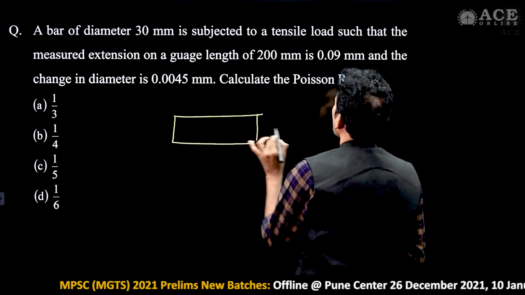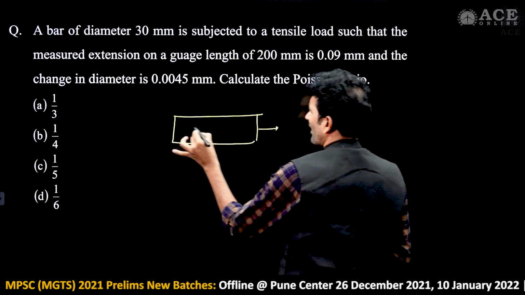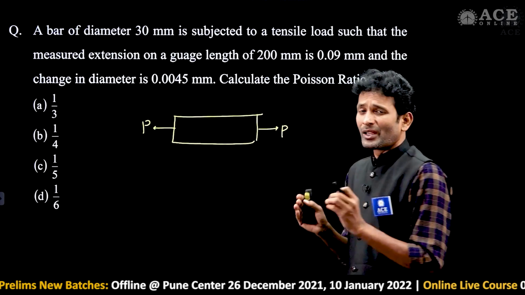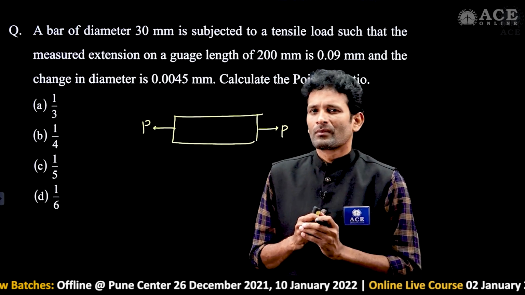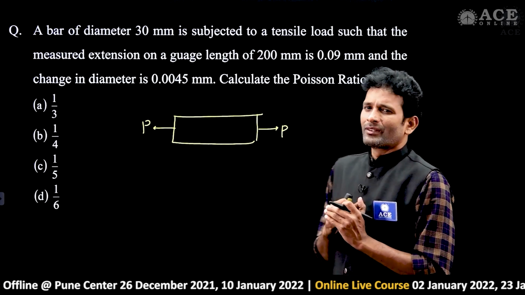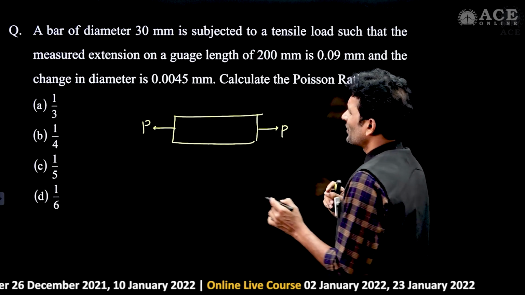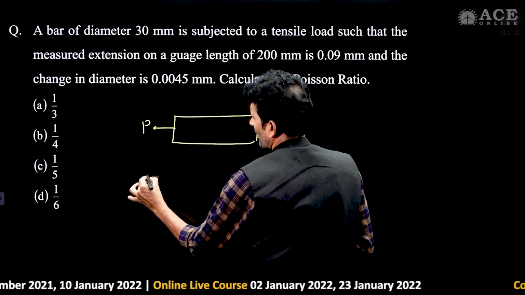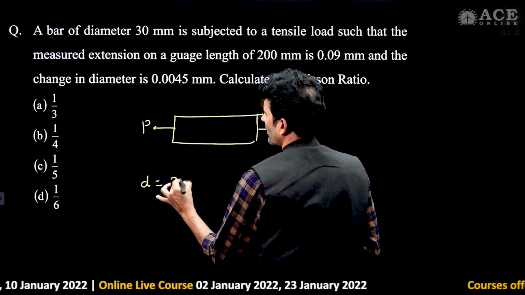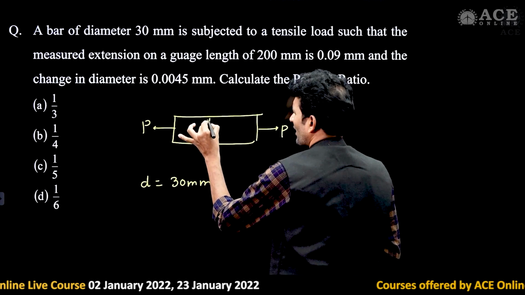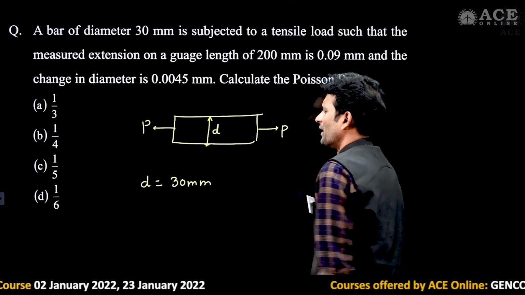On this bar, we are applying a tensile load P. We don't know the magnitude of the load, but I know the nature of the load. The nature of the load is given as tensile. And what is the initial diameter for this bar? The initial diameter of the bar is 30 millimeters. Say that initial diameter I am taking as D.